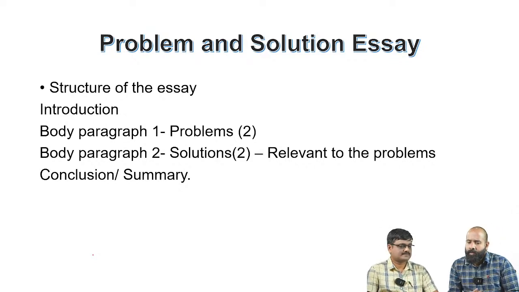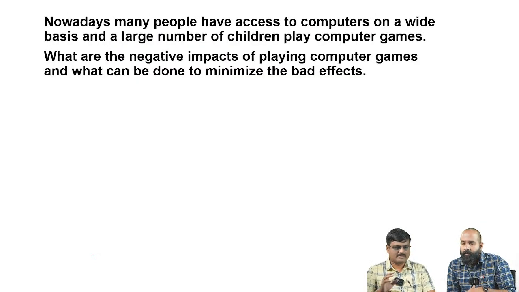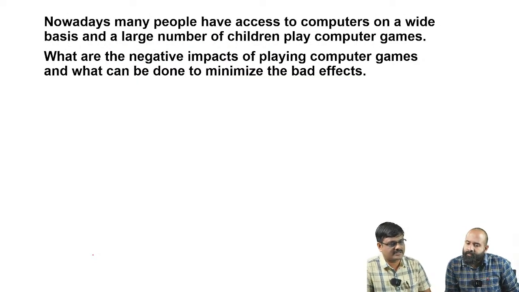So introduction, body paragraph 1 talks about problems, the second talks about solutions, very similar to cause and solution. Here also the solution should be relevant to the problem. You shouldn't just write random, general solutions. You have to write solutions to the problems that you write in the first paragraph. So now here also let's take a question.